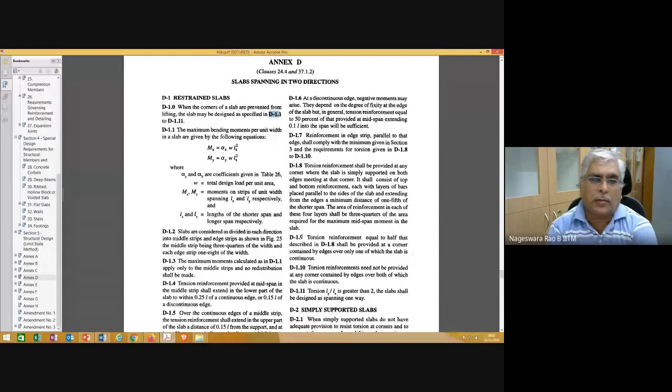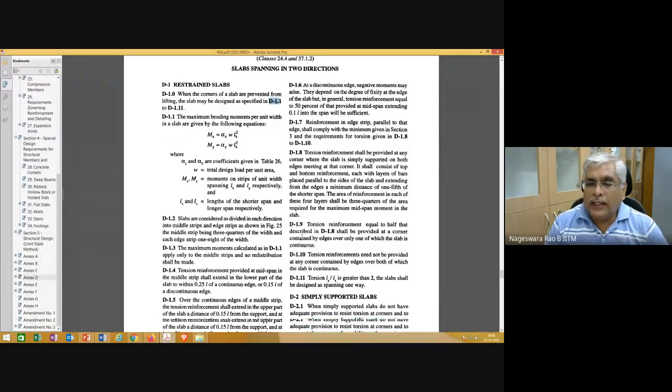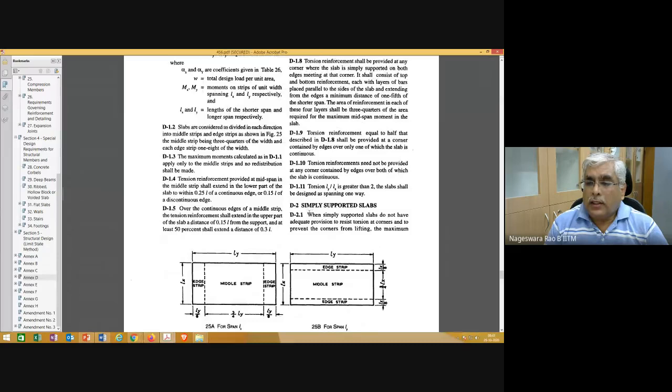Restrained slabs are nothing but slabs where the corners are prevented from lifting. Simply supported slabs do not have adequate provision to resist torsion at the corners and to prevent the corners from lifting.